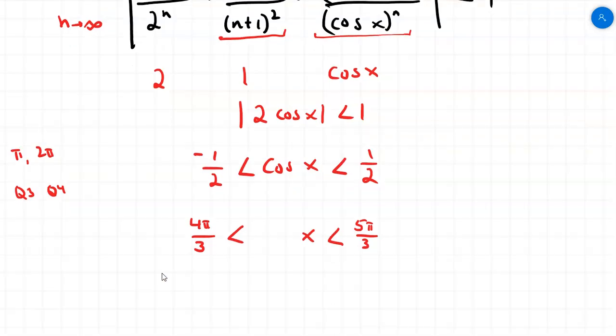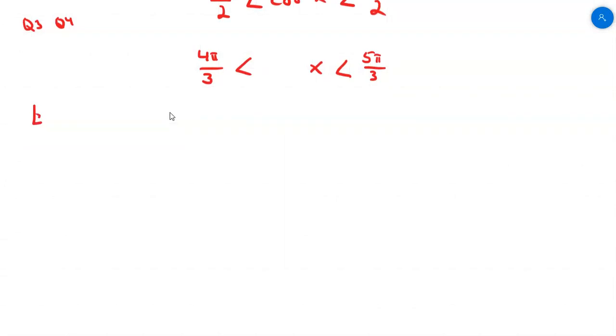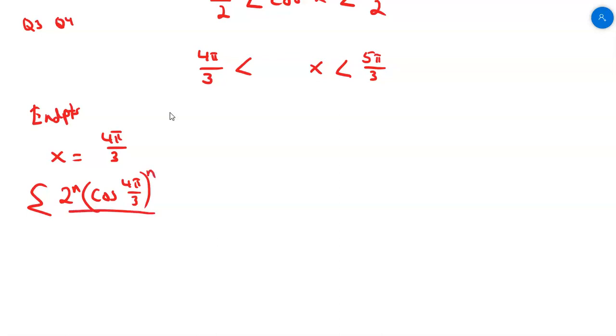Now I need to test the endpoints. All right, so let's look and see what happens when x is equal to 4 pi over 3. When x is equal to 4 pi over 3, then I end up with a series that says 2 to the n cosine of 4 pi over 3 to the n over n squared.